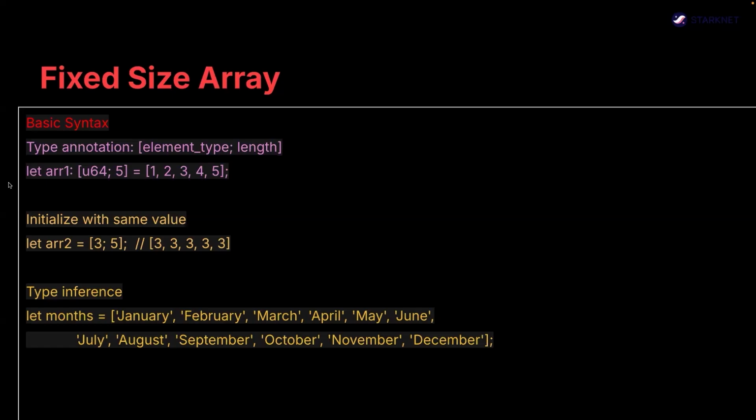Look at this particular example here. The array1, which is an annotation of an array of U64, but the total element can be what? 5. And we assigned 1, 2, 3, 4, 5 elements. This is an example of a fixed array.